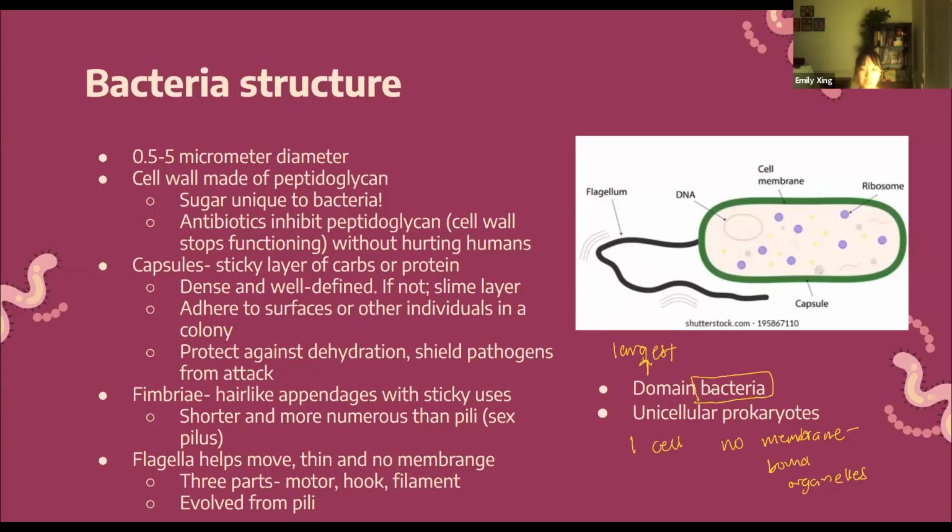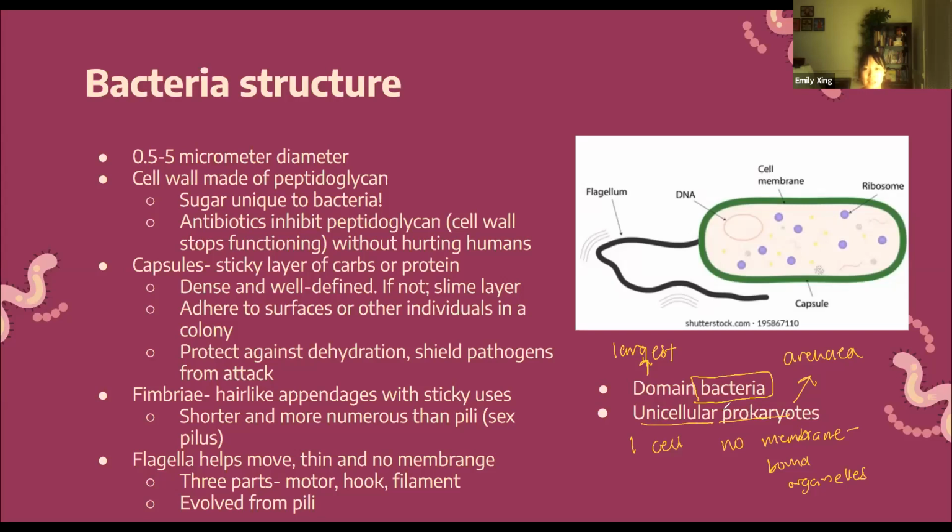Something you need to keep in mind is that these 2 traits also pertain to Archaea, so we have to look at further differences on the molecular and cellular level to differentiate between them. But for now, just think of bacteria as unicellular prokaryotes.